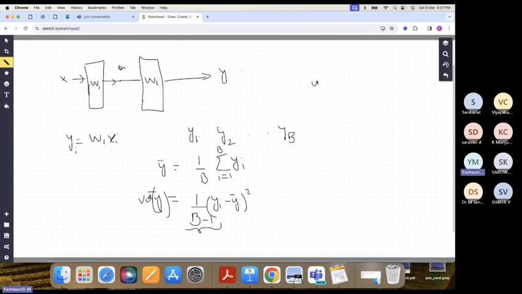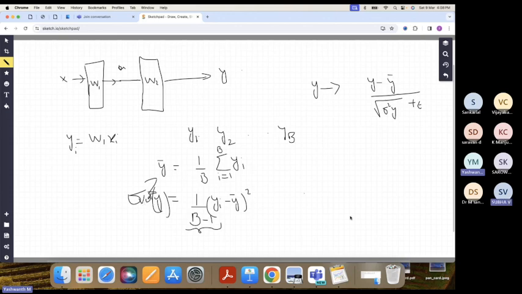How do you transform y? It becomes y minus y bar, divided by the square root of this variance sigma square y, plus some small quantity so that if the variance is zero, it doesn't blow up to infinity.